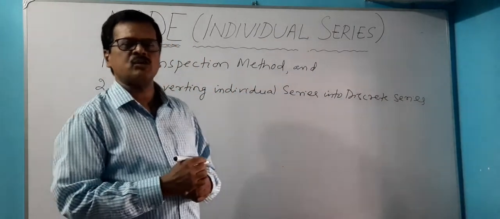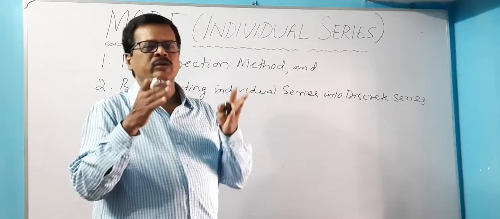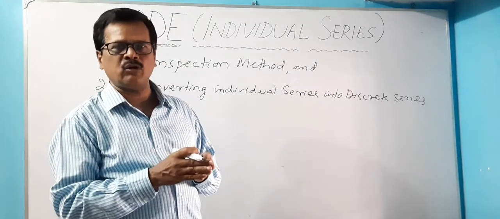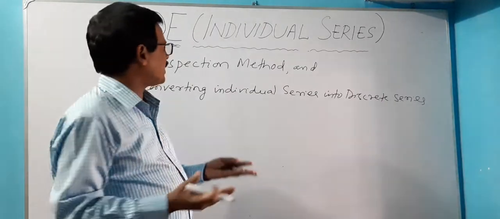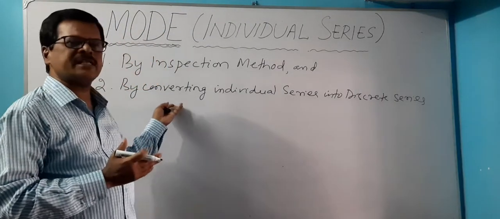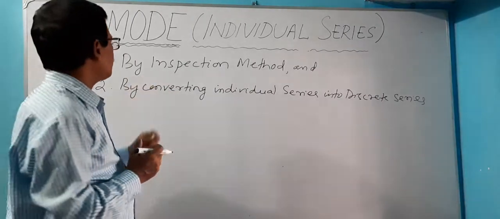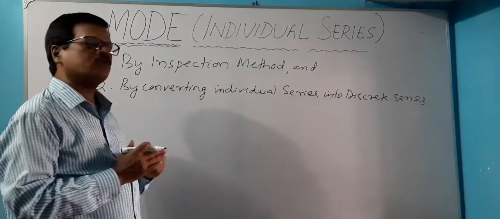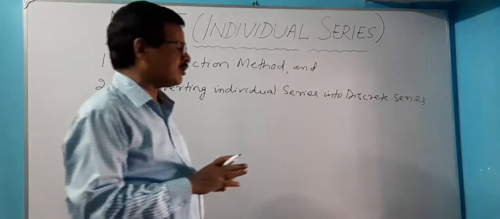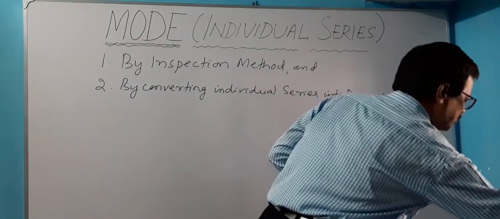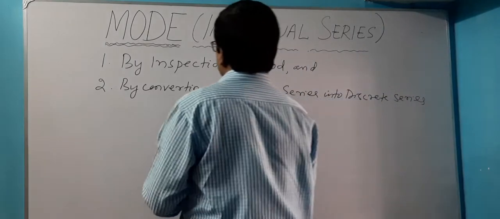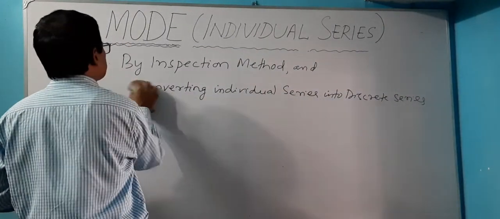So first, by the inspection method we can calculate the mode or modal value of an individual series, or by converting individual series into discrete series we can calculate the modal value. First of all, we should know how to calculate modal value in case of individual series by the inspection method.